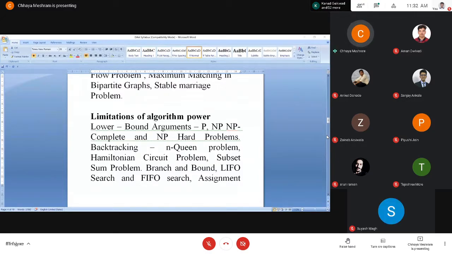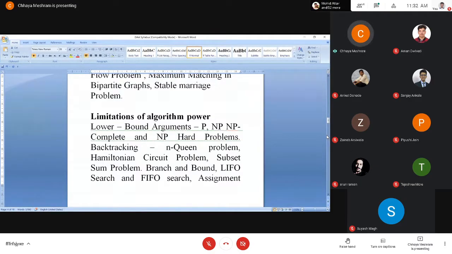We have to study topics related to NP complete. So we have to study what is P, what is NP, what is NP complete, then what is NP hard problem. What do you mean by backtracking?